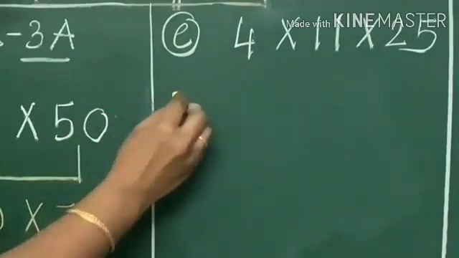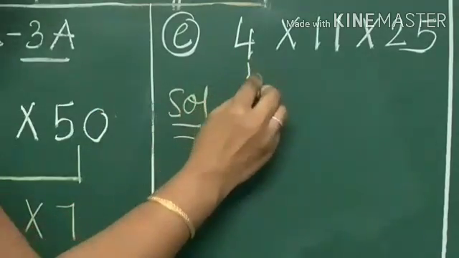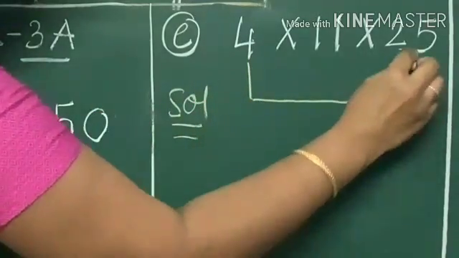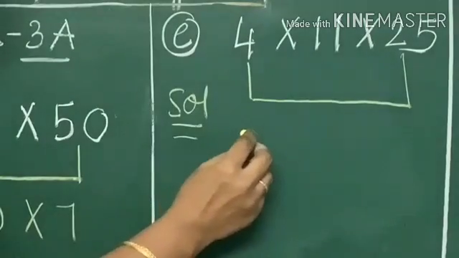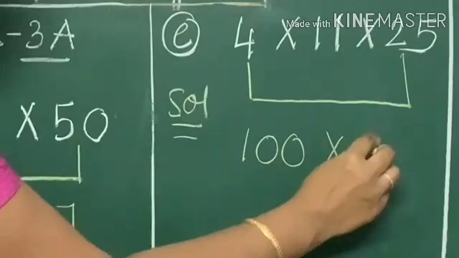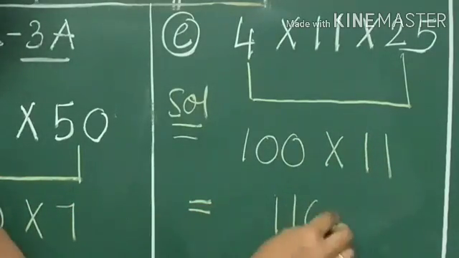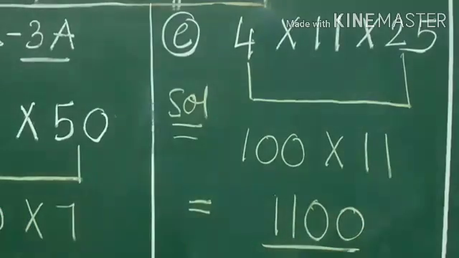Now solution: I multiply these two first, that is 4 into 25, that equals 100, into 11, that equals 1100. Is it easy?